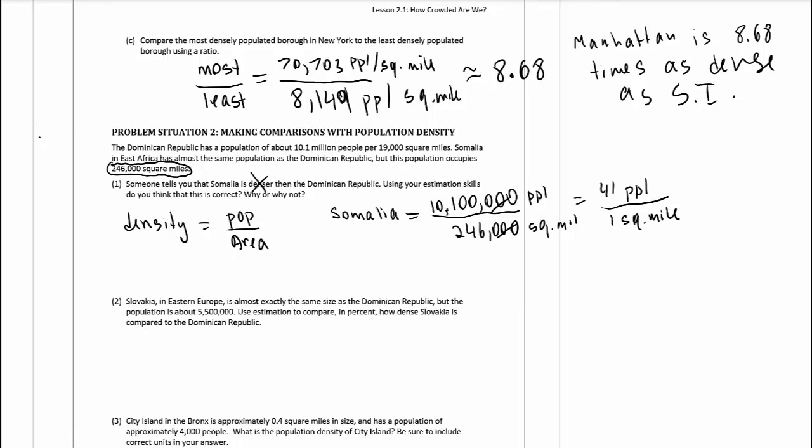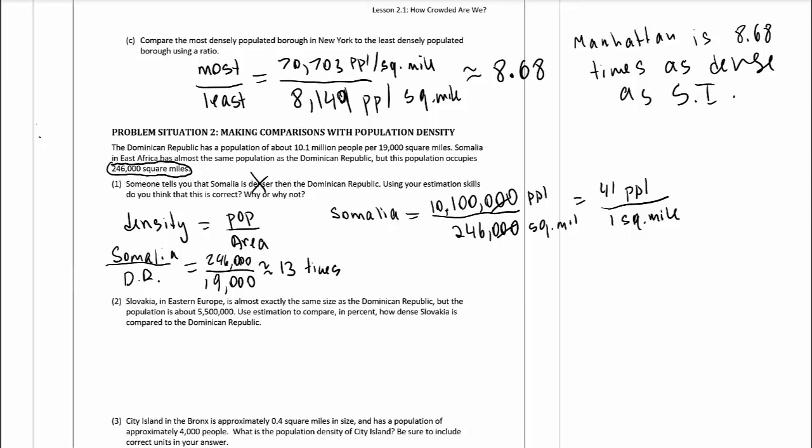And before I compute for the Dominican Republic, one thing you can note is how many times larger Somalia is in terms of its space than the Dominican Republic. Well, if you divide 246 by 19, you get about 12.9.